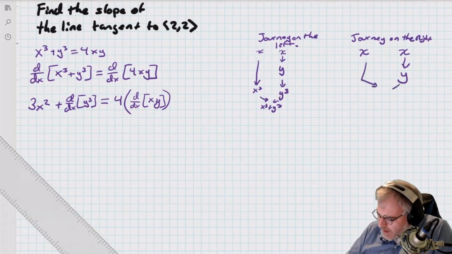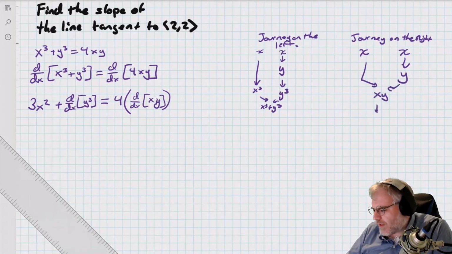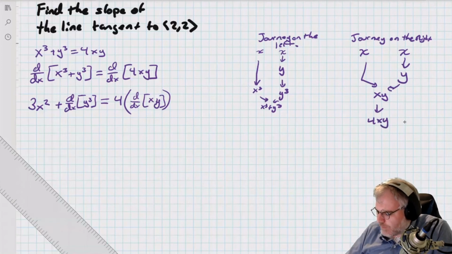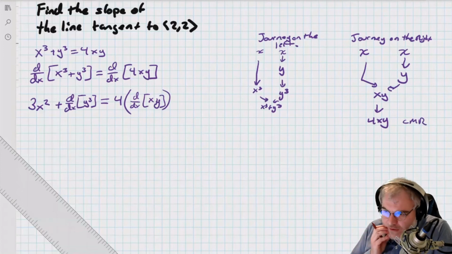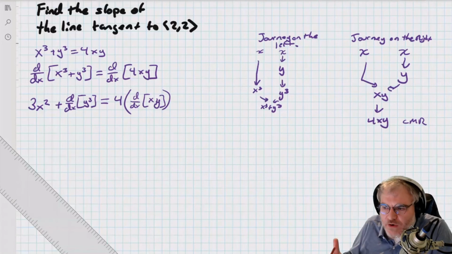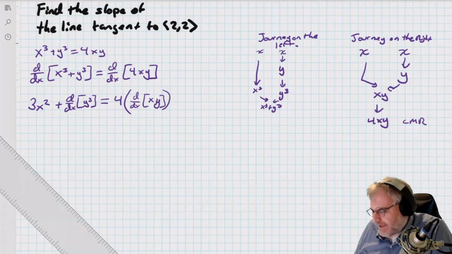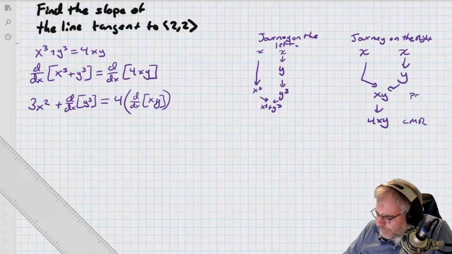So I've got a product, and then I'm just multiplying it by 4. So this is going to be a constant multiple rule. I could have made this 4x if I wanted to, that would have been fine too. But the 4 is going to wind up factoring out of all the terms anyway, so I'm going to let it be. This will be a product. This is a sum. And these are going to be chains, right?